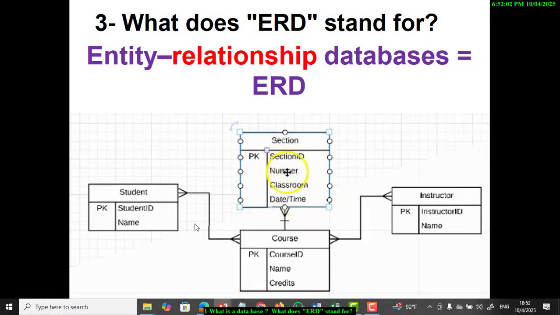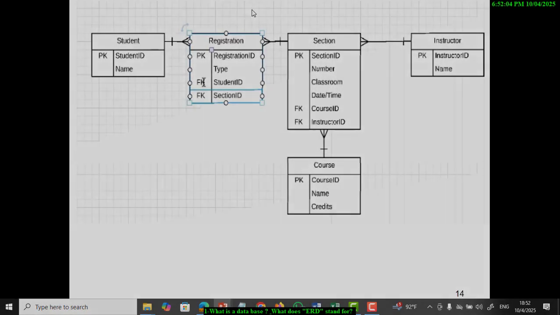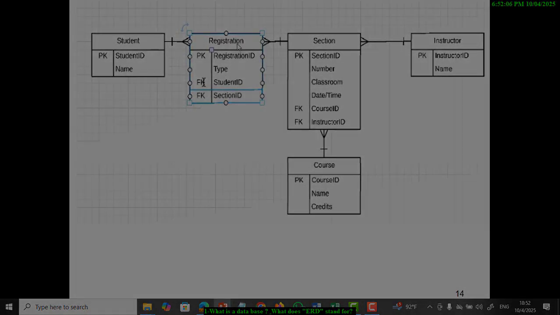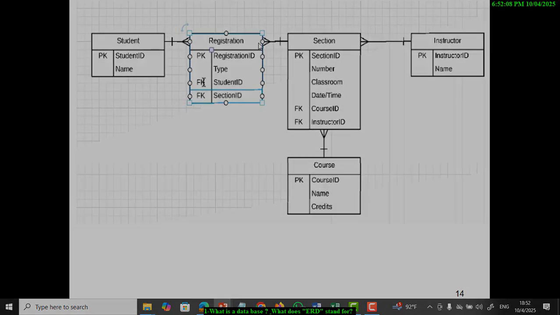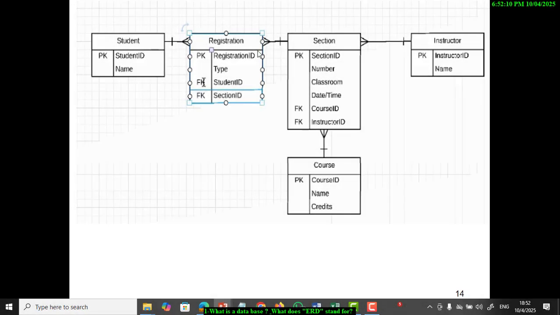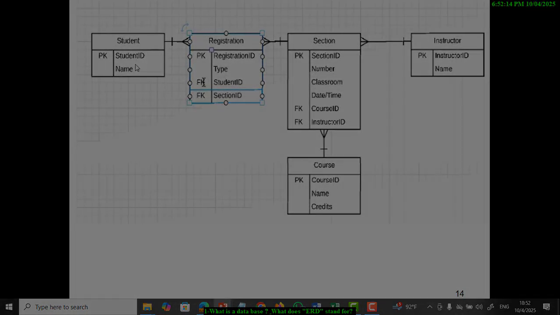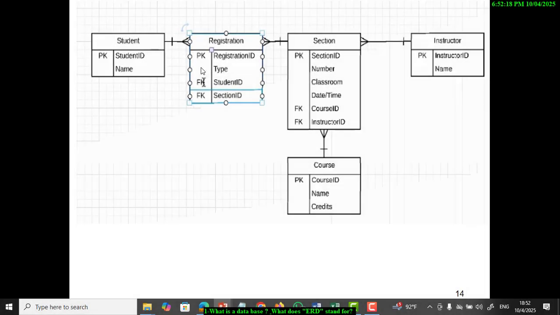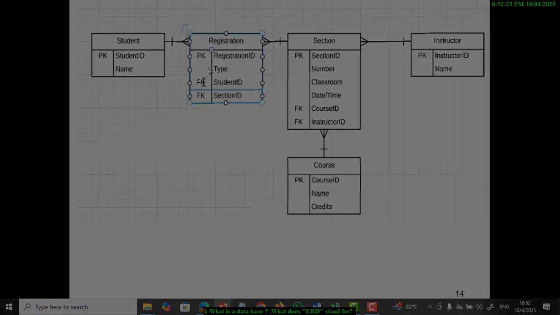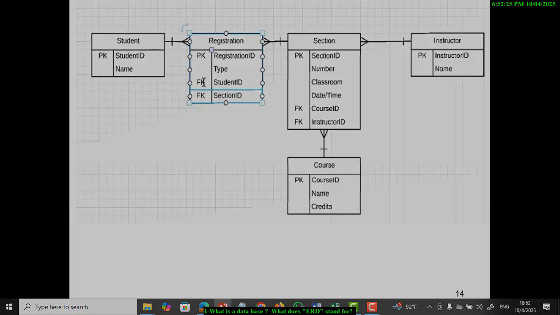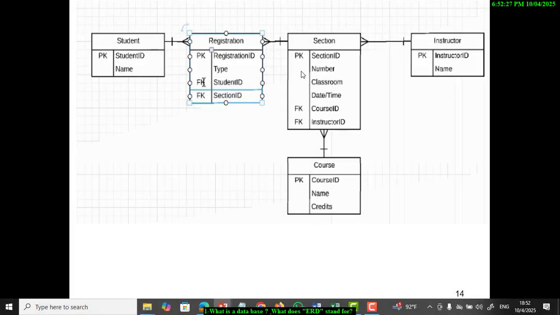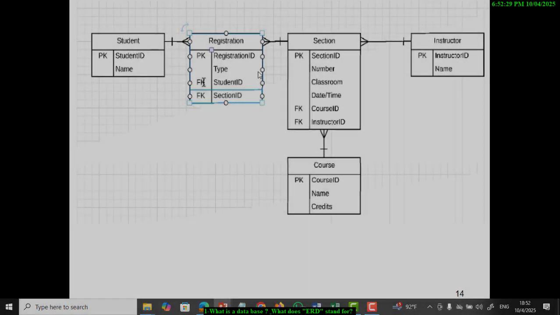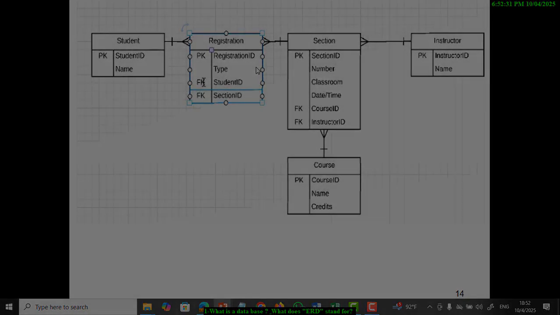So we have a new table, which is registration, and here we have one to many from the course to registration, and one to many from students. So a student registered in many courses, and the course is also registered by many students.